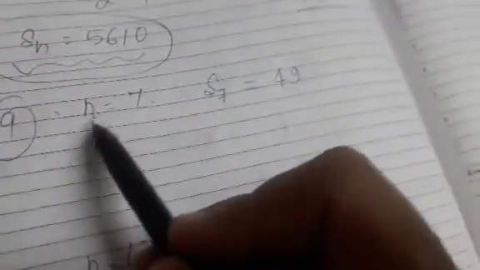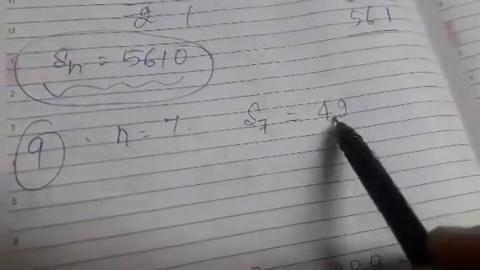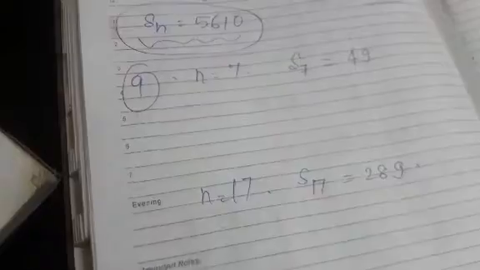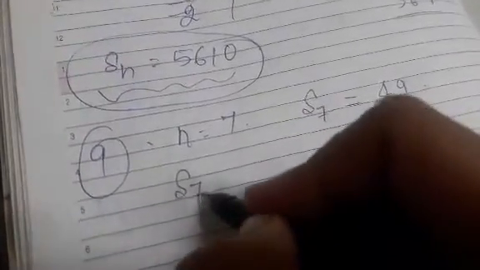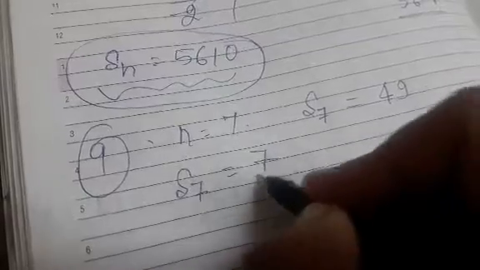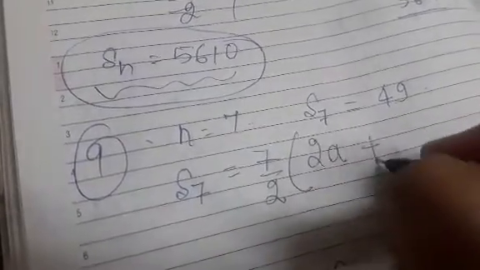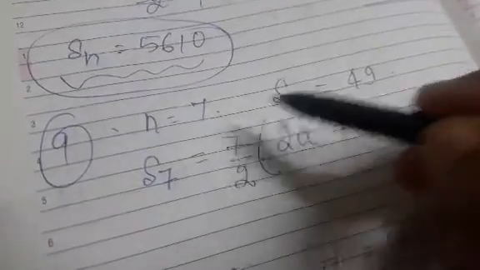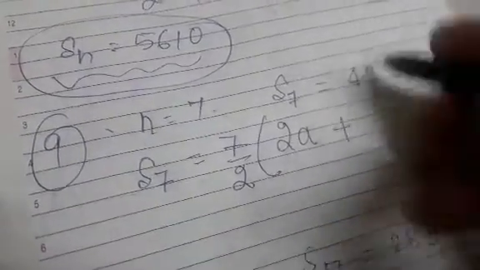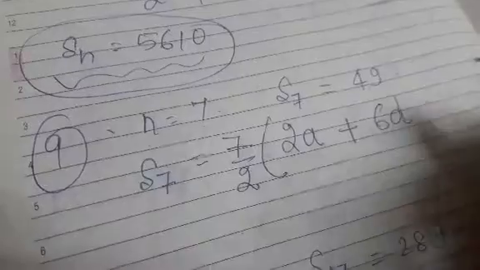So all the values I have written here, children, as you can see. N is 7, S7 is 49 and similarly here also. Now we know that S7 will be equal to 7 by 2 into 2a plus 7 minus 1 d, that is n minus 1 d, which will be 6d.